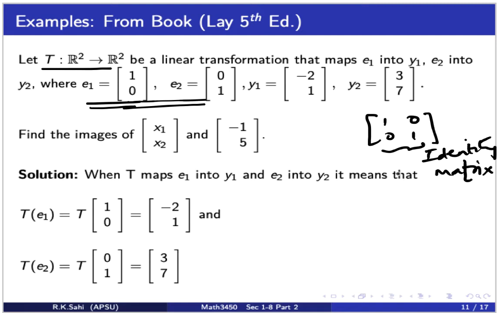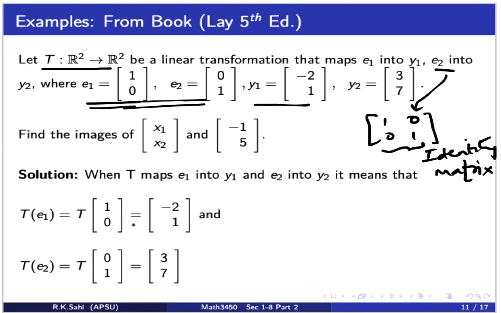Okay, so at this point, we are just trying to match things with things we already know. So here, if I have a linear transformation which maps E1, the first column of the identity matrix, to Y1, which is minus 2 and 1, then it maps E2, the second column of the identity matrix, into Y2, which is 3 and 7.